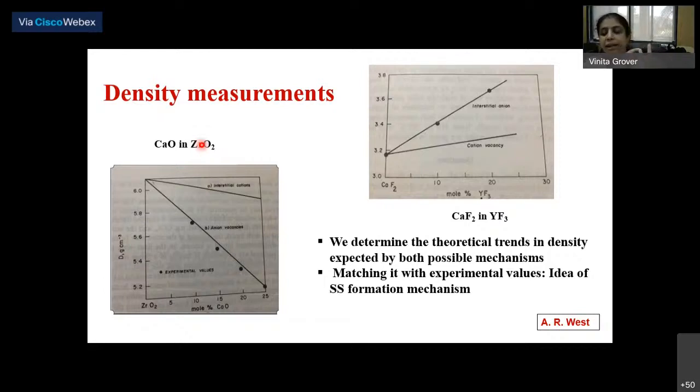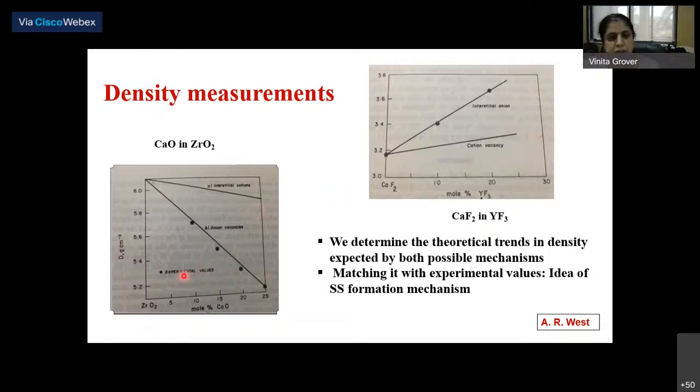I can get anion deficient, I can get cation excess. So what I do is I determine the theoretical density, assuming I will get cation excess and assuming I will get anion vacancies. And then I experimentally determine the value of densities.